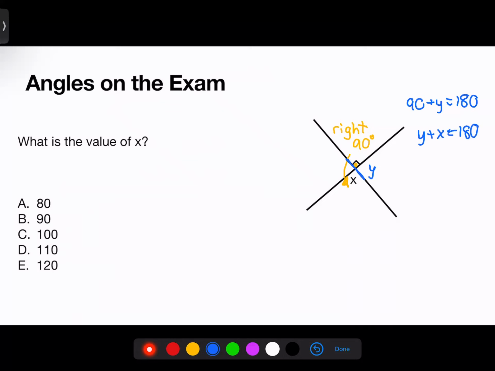We could also set the entire group to be 360 degrees. So x plus 2y plus 90 equals 360. No matter what procedure you use, 90 will be the answer. Choice B.